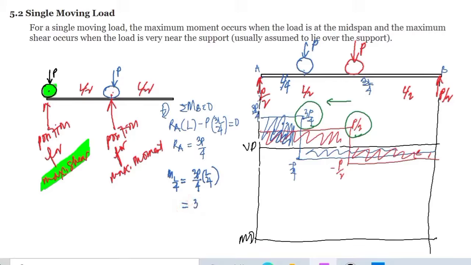And that is equal to 3PL over 16. Now computing for the area of this rectangle here on the other side, that is equal to negative P over 4 multiplied by the distance of 3L over 4, and that would give us negative 3PL over 16. Now, 3PL over 16 minus 3PL over 16 would close our moment diagram.